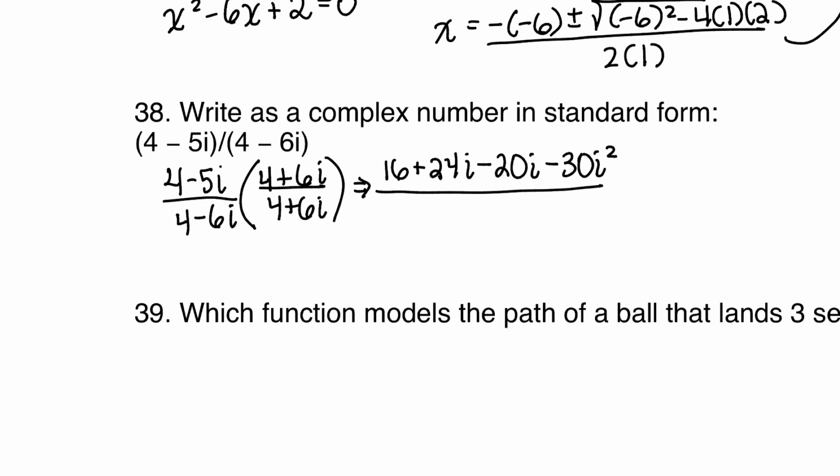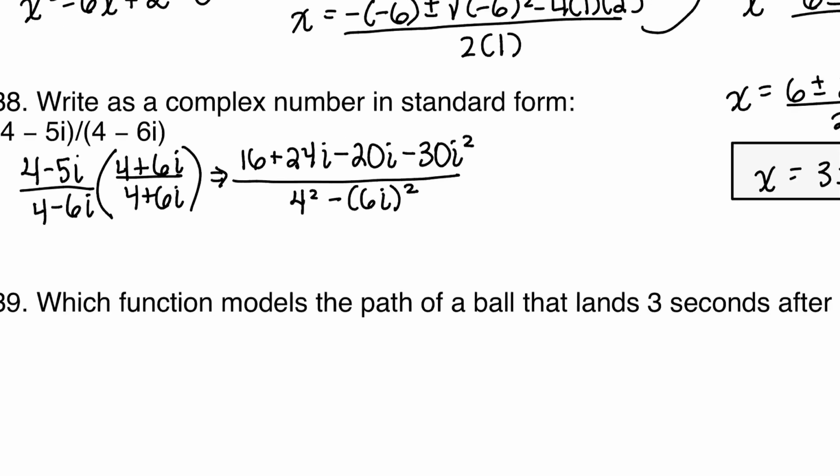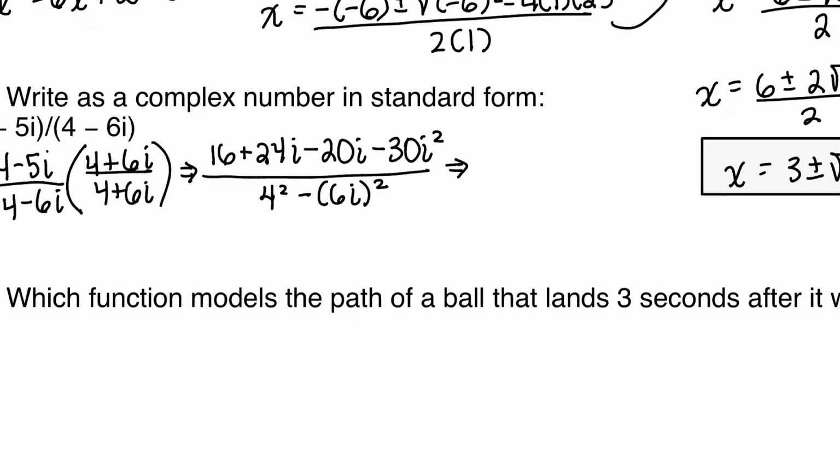And again, the denominator will always factor to a difference of squares. So let's simplify the numerator. We're going to get 16 plus 4i minus 30 times negative 1, and that's going to be over 16 minus 36i squared.